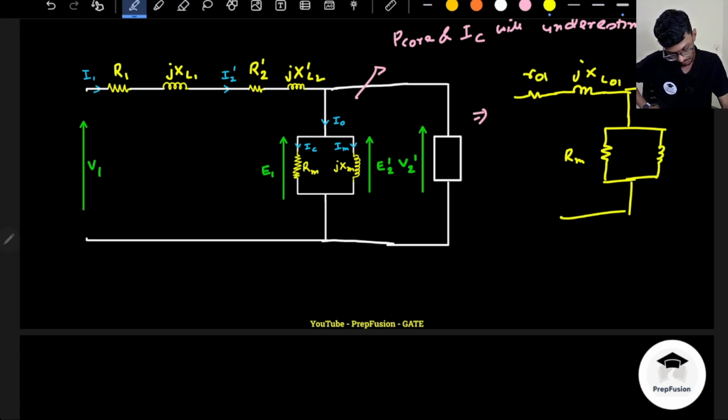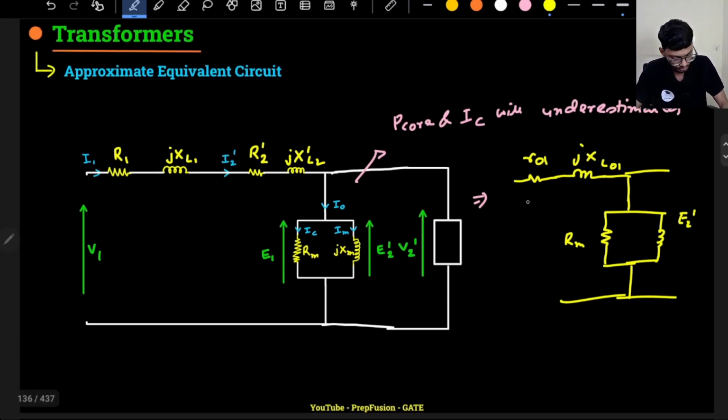This is my E2 dash. Basically E2 dash and E1 are both the same only. So can you draw the phasor diagram? This is my V1, this is my induced EMF E1. In these 2 points, can you draw the phasor diagram?